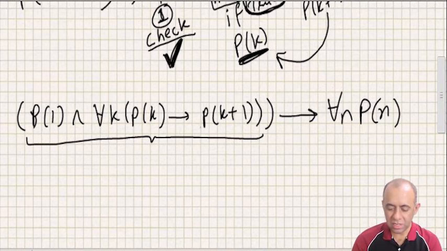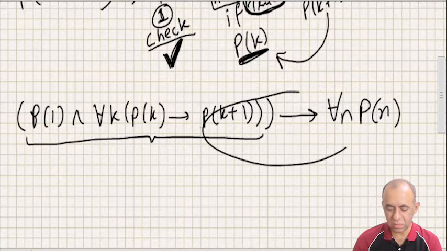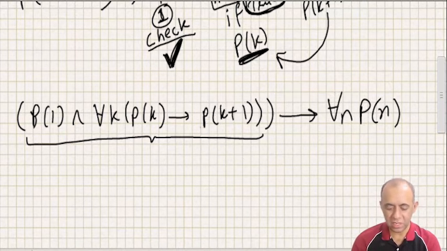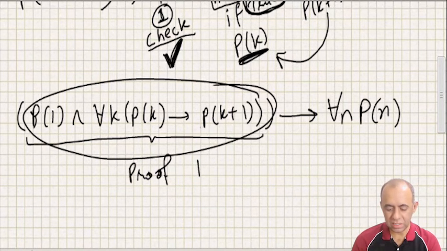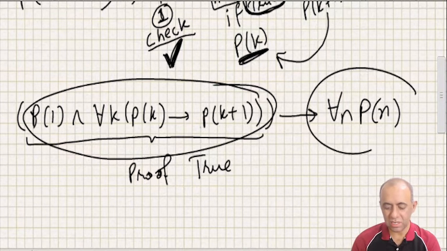Obviously this complete thing is for the proof technique, but this part is the actual proof of the theorem, right? If we say that this is true, then obviously this technique is also true.